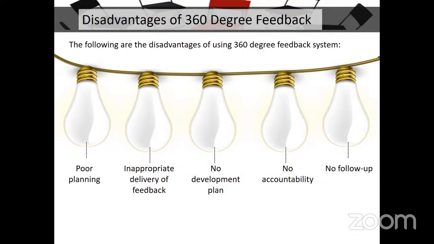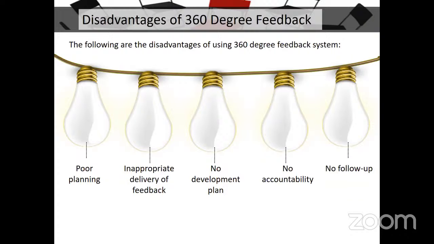Okay. Poor planning. If you don't plan well, you can imagine if you're having a 360 degrees feedback and everybody has to be involved and your timelines are 2 weeks and you have a staff count of let's say 300, if you don't plan well, trust me, and they say lack of planning is a shortcut of planning to fail.